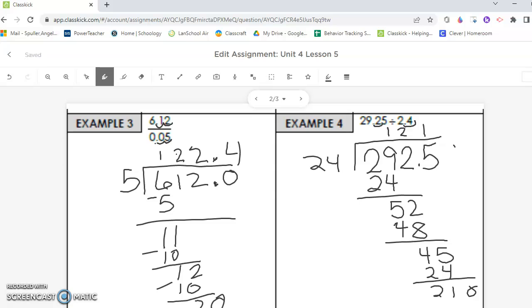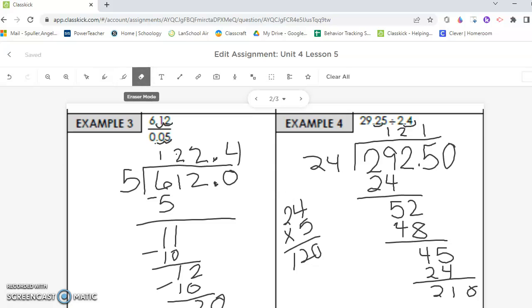Which is going to get me 210. Add a 0. I don't know about you, but I don't know about that. 8 times 5. 5 times 4 is 20. Carry the 2. 10, 12. There we go. That's not enough because I need 210. All right, so let's try a bigger number. Let's try 8. 8 times 4 is 32.